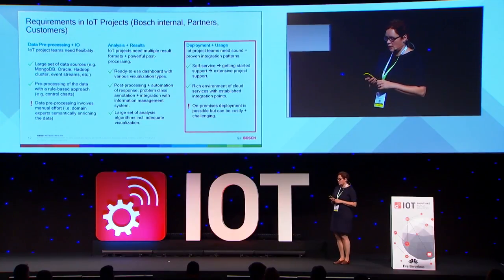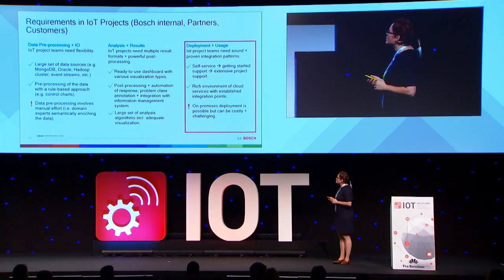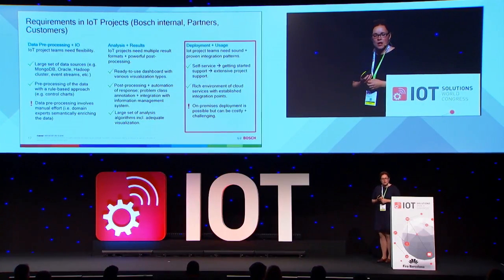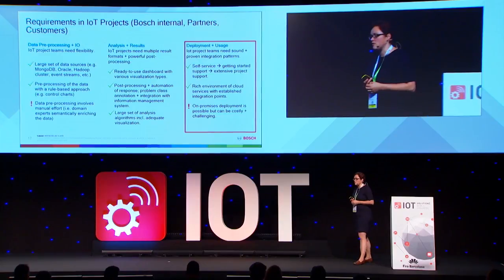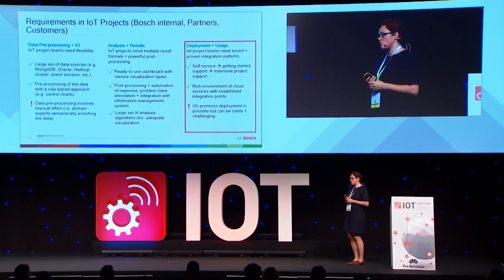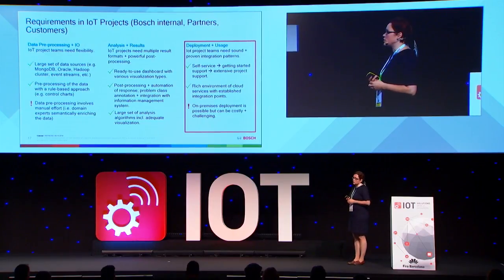I have some examples on the next slide. What is not possible with our services at the moment, because it's costly and challenging, is if project teams want to use the services that we developed in another environment than the Bosch IoT cloud or another cloud. That's a little bit of a restriction.